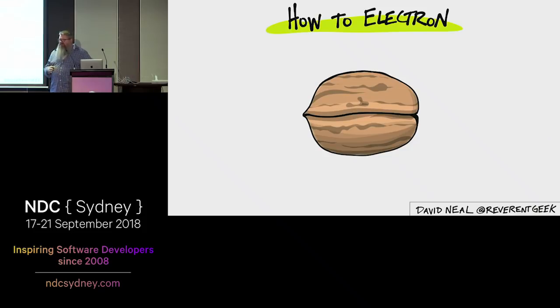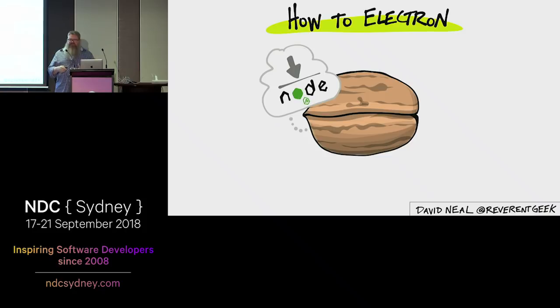So how to Electron in a nutshell? You're going to need some version of Node installed on your computer, version 4 or later. It doesn't have to be the same version of Node that's packaged with the current version of Electron. As long as it's version 4 or higher, you're good to go.